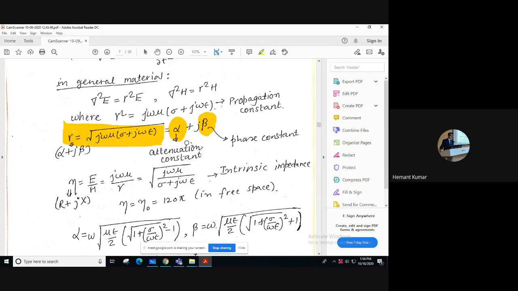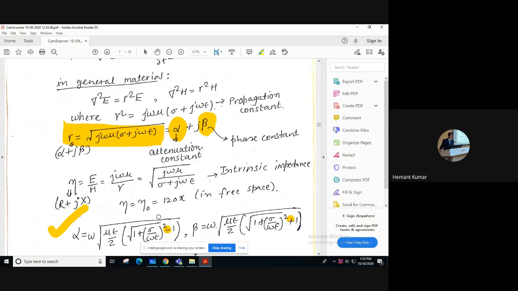These two quantities are very important, and their formulas are: alpha is equal to omega times the square root of mu epsilon by 2, times the square root of 1 plus (sigma upon omega epsilon) squared, minus 1. And beta is the same formula, the only difference is that here there is a minus sign and there it is a plus sign. This difference is actually very important, so we will discuss it now.